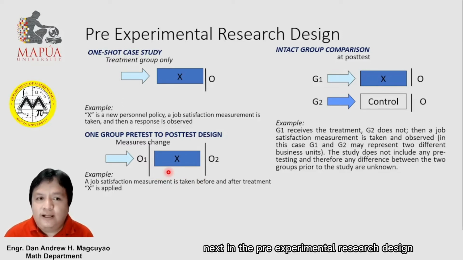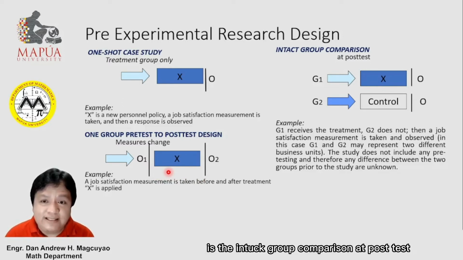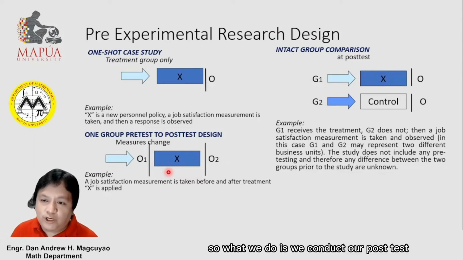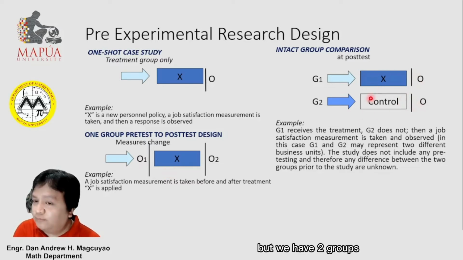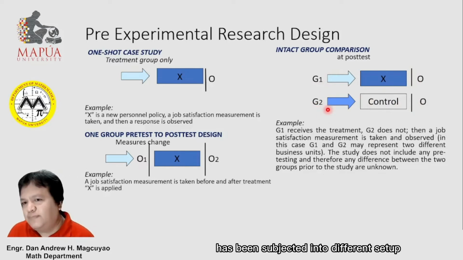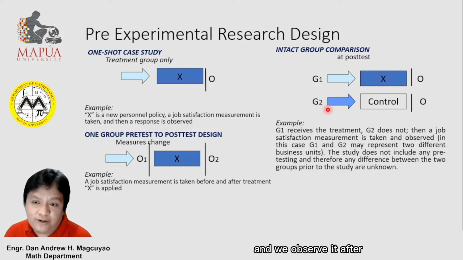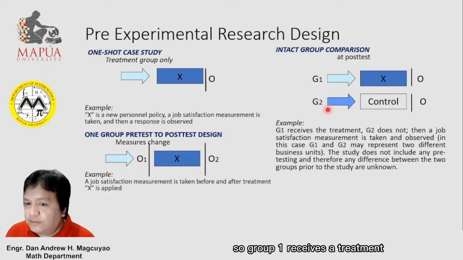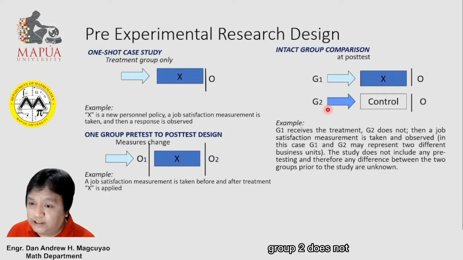Next, in the pre-experimental research design is the intact group comparison at post-test. So what we do is we conduct our post-test, but we have two groups. These two groups, group 1 and group 2, have been subjected to different setups, and we observe them after. So group 1 receives a treatment, group 2 does not.